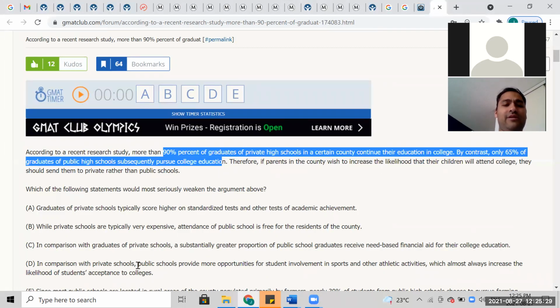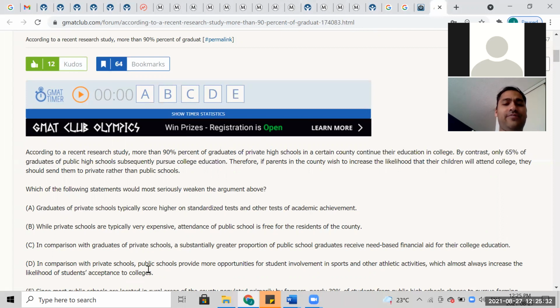I think D is wrong because it is already taken into account as part of the 65%. My thought was that 65% of the graduates of public high school are getting in. The point is that even with these facts, they have said that public school provides more opportunities for student involvement in sports, which increase likelihood of student acceptance. Even after this, it's not increasing.